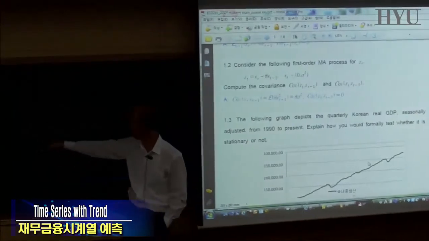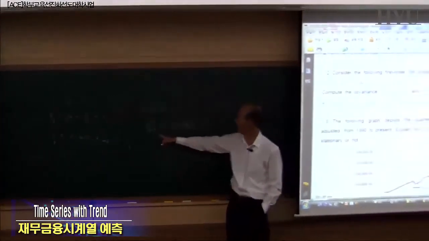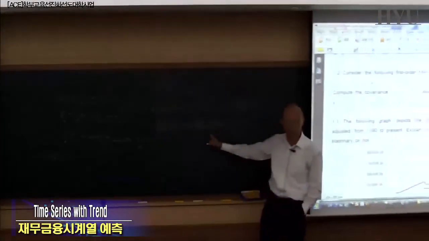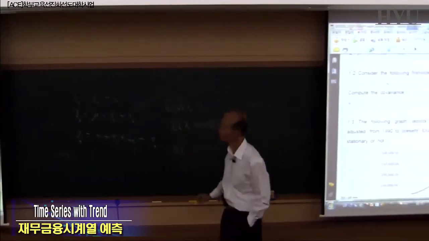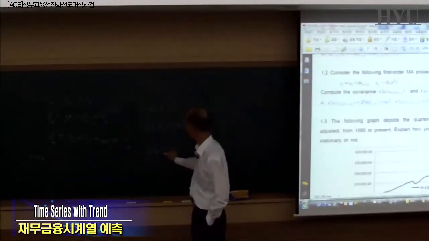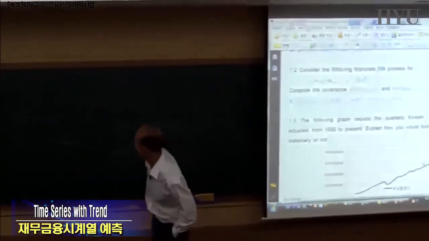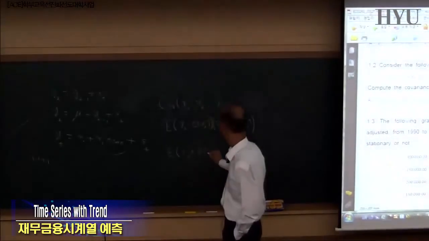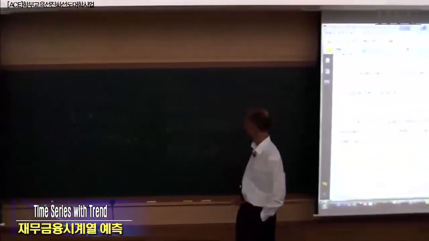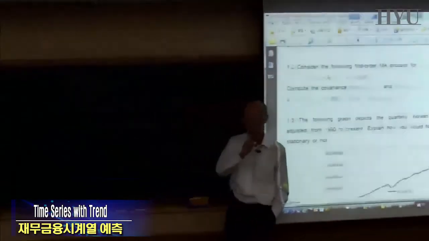So now these two, right? The expectation of this times that. What is x_t? Epsilon t, minus or plus? Plus. Okay. Theta epsilon t minus 1. What is x_{t-1}? Lagging 1 period, right?